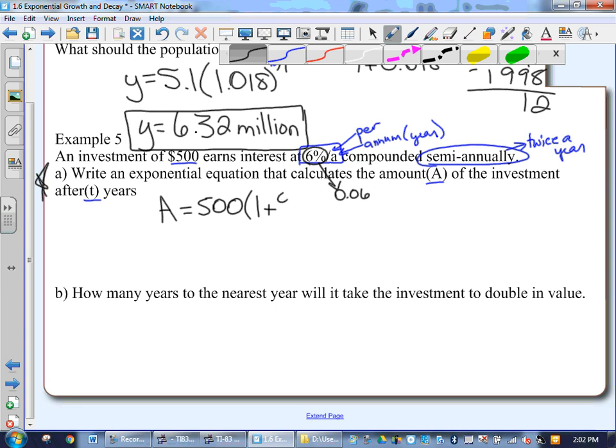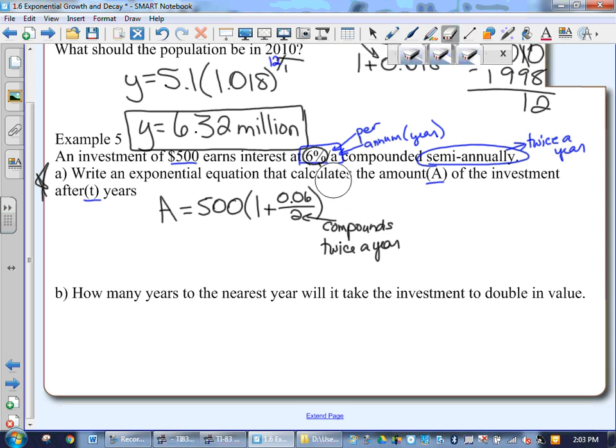So this compounds twice a year. Okay. Now, it is going to be to the power of the time, which it wants us to use the variable t, over the period.